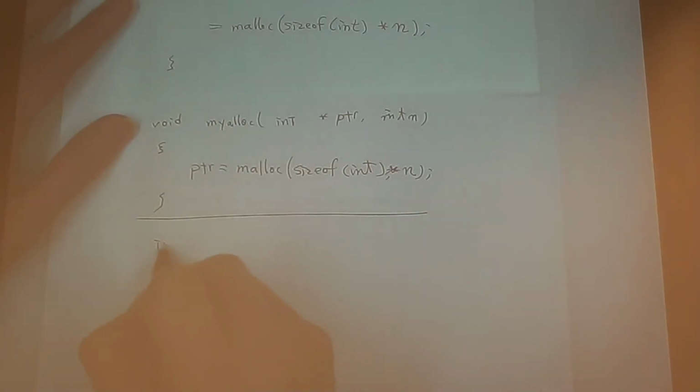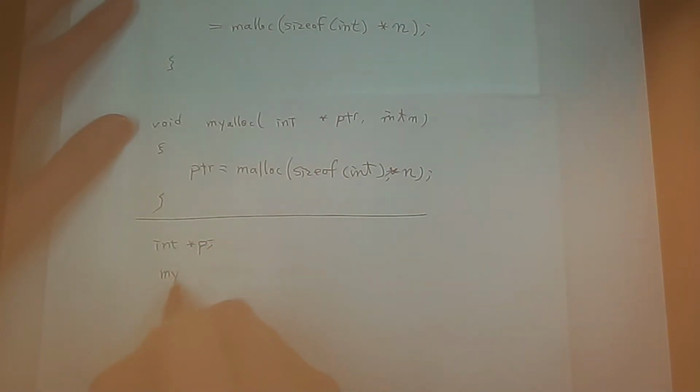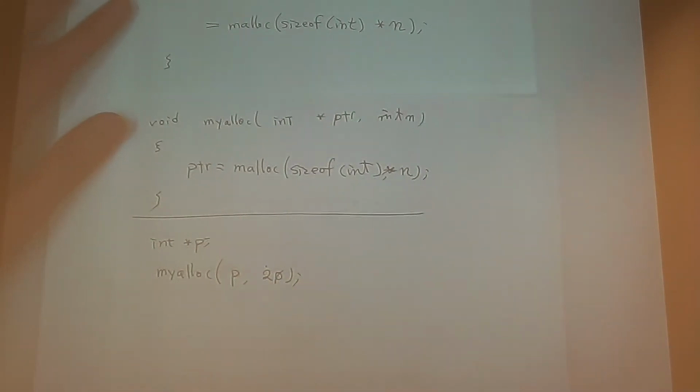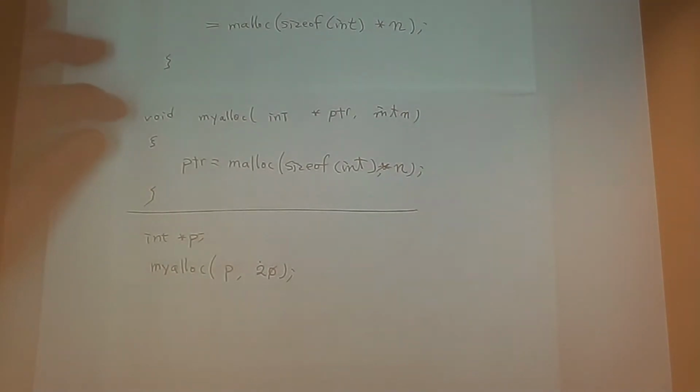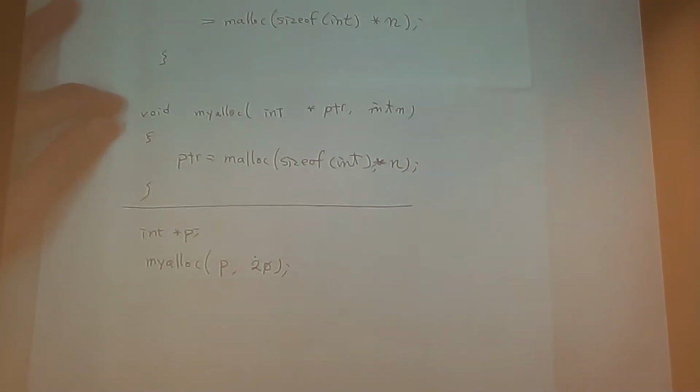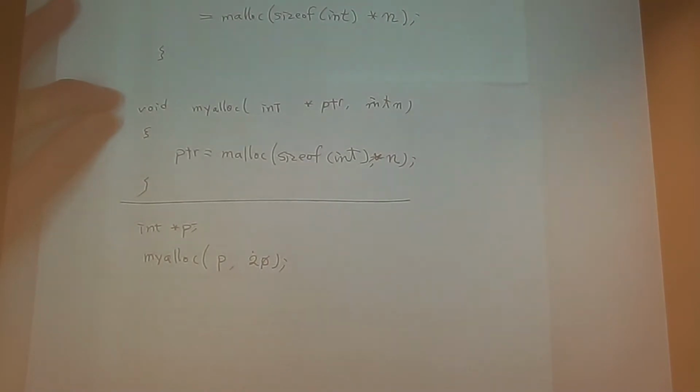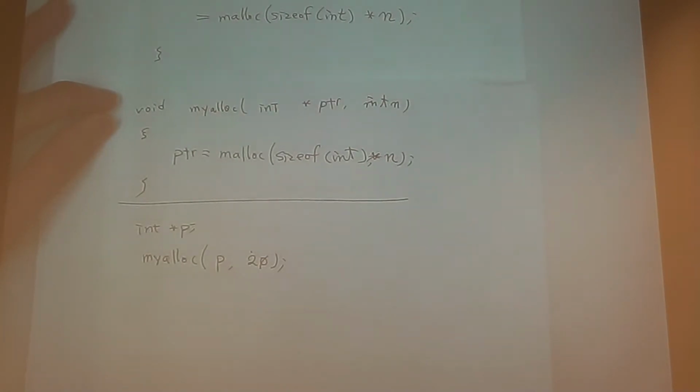I will say integer star p, and call the function myalloc with p and, let's say, 20. Will this work? Raise your hand if you think this is going to work. Raise your hand if you think this is not going to work. No, it's not going to work. Raise your hand if you are not sure. Okay, thank you.